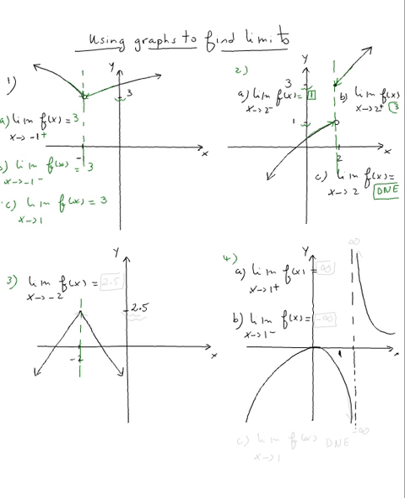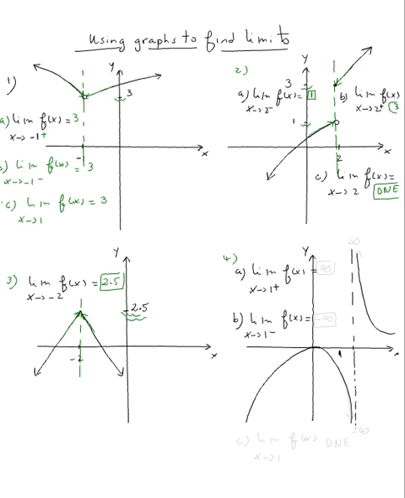From the right side of -2, just keep going till you hit the line and read the y value. It's 2.5. Now from the left side, same thing, keep going until you hit the line. It's 2.5. Right and left are equal, therefore this is just 2.5.